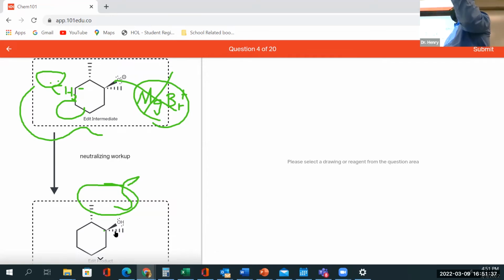So if the oxygen is in front, it's going to come towards the back. If the element that is receiving the electrons is forward already, it's going to have to go in the back.